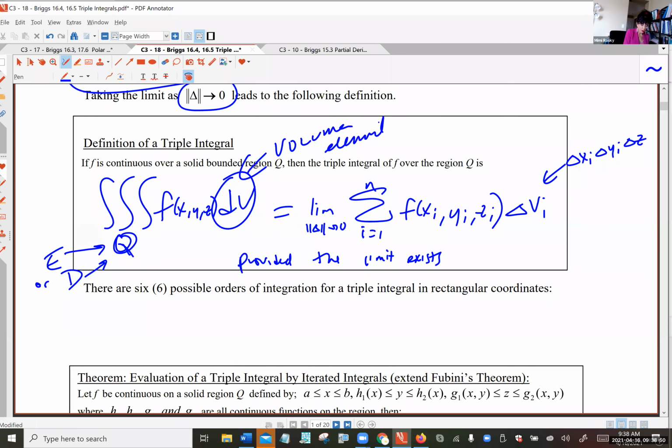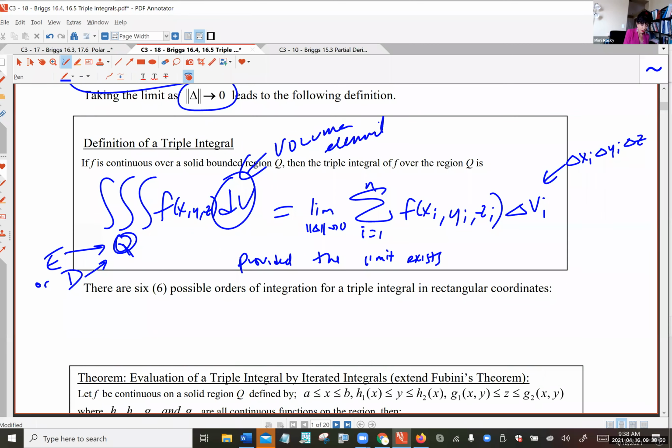Or dz, dx, dy. Or dz, dy, dx. Or dx, dz, dy. Or dy, dz, dx. Wow, is that confusing? You've got all these possibilities.